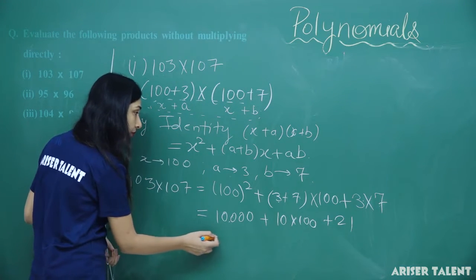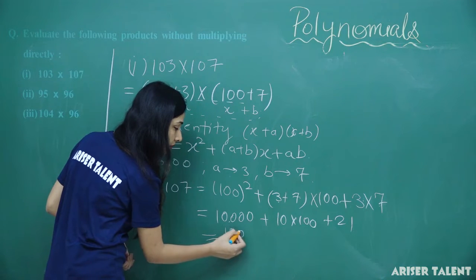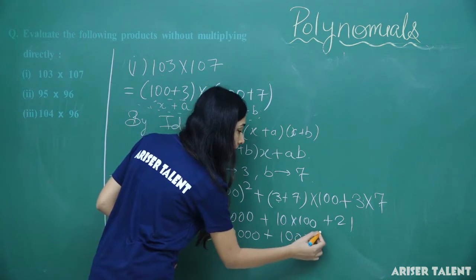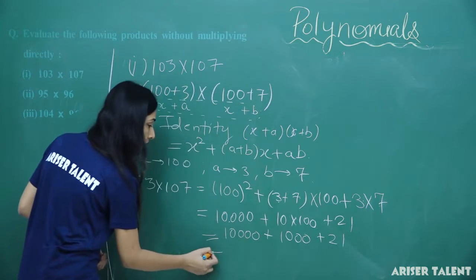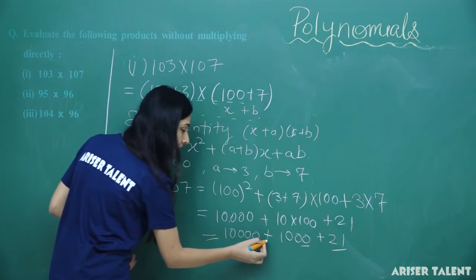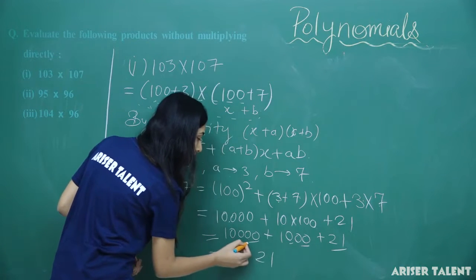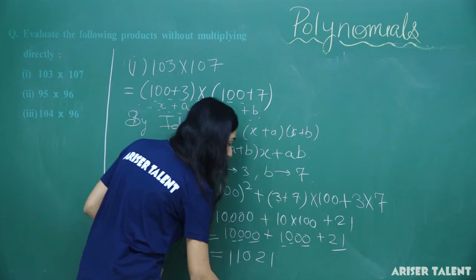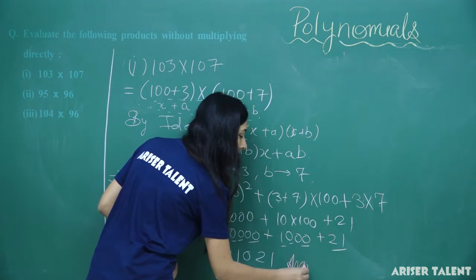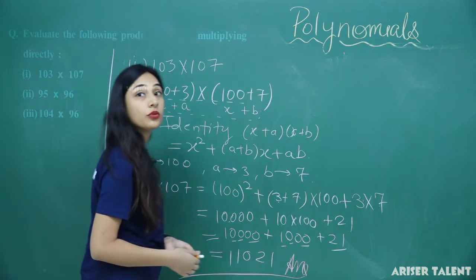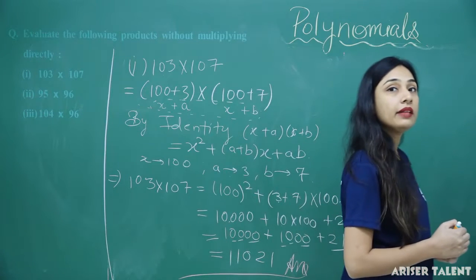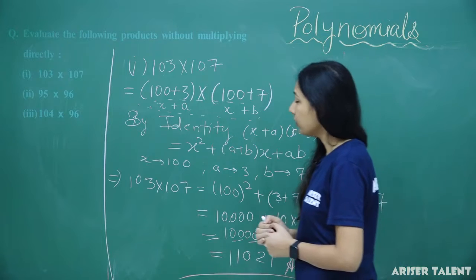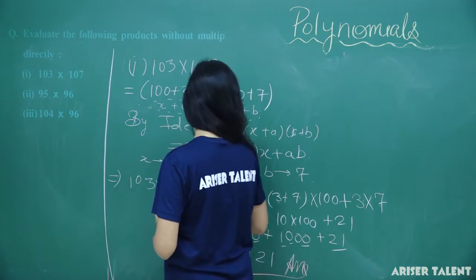So that will give you 10,000 plus 1000 plus 21, which is 11,021. That will be your answer. Without multiplication, by just using the identity, we solved it very quickly. Now this is for 103 and 107.